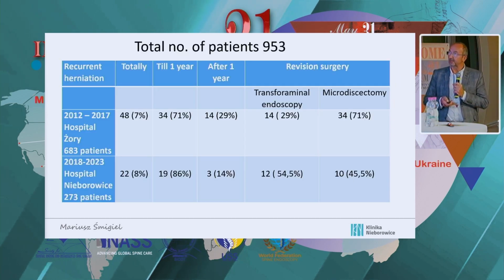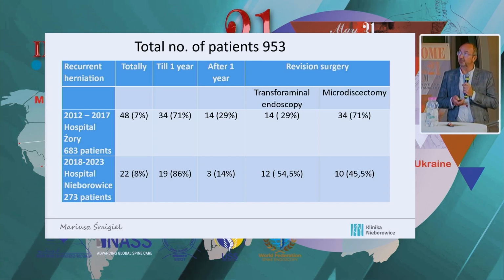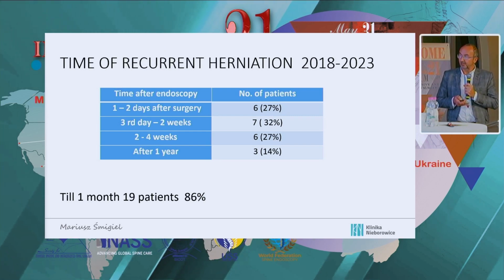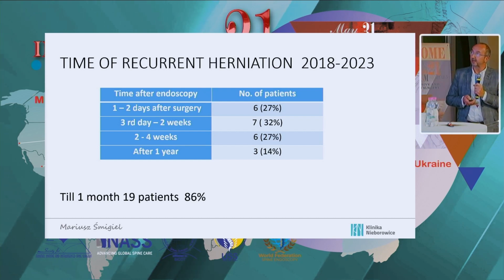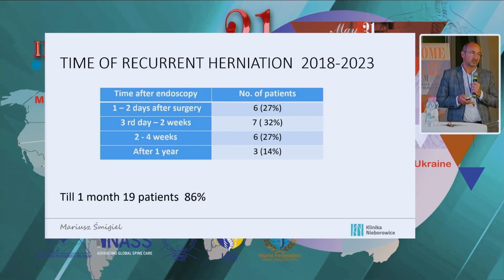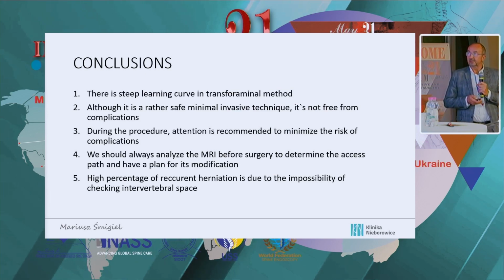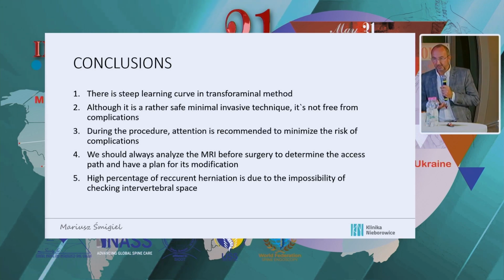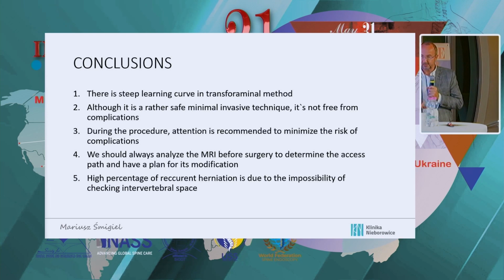So I have 8% of recurrent herniations, but what was interesting for me is that more than 80% of reherniations occur within 1 month after operation. And we should know that there is a steep learning curve in the transforaminal method. It is not free from complications.